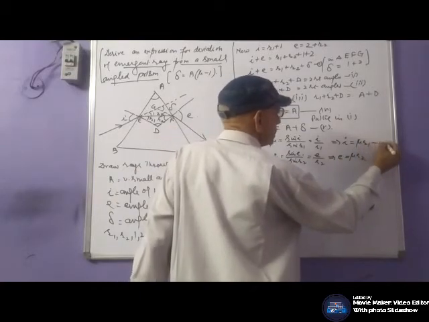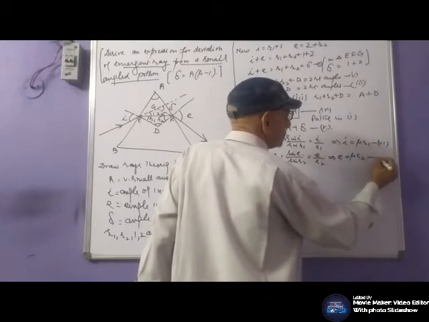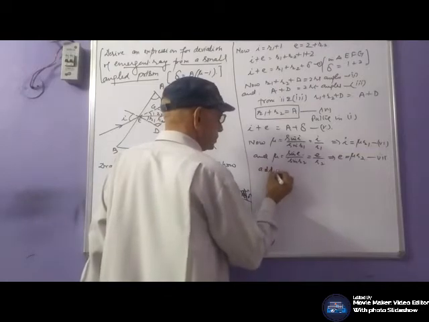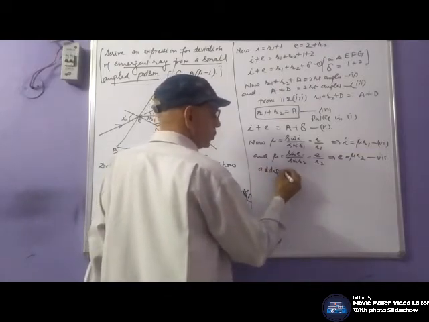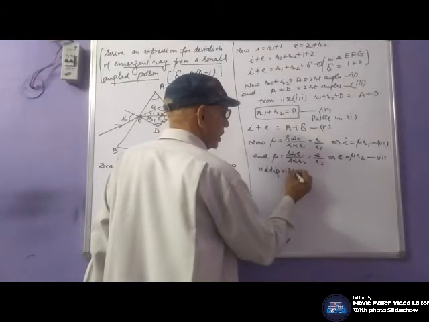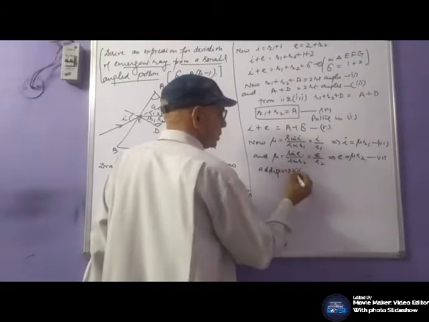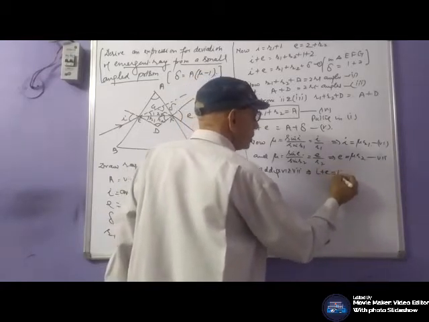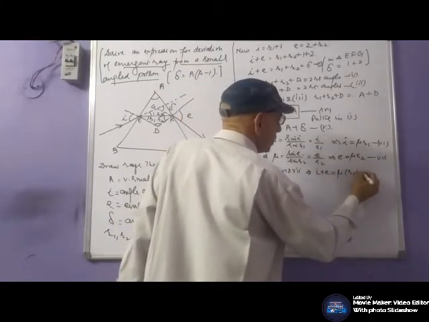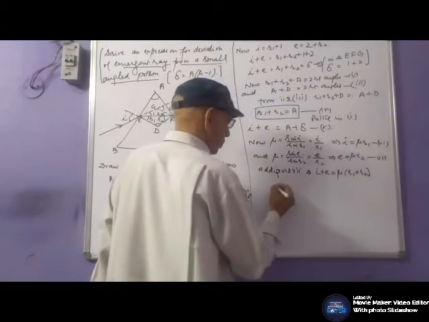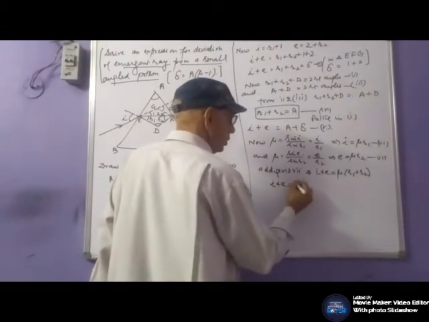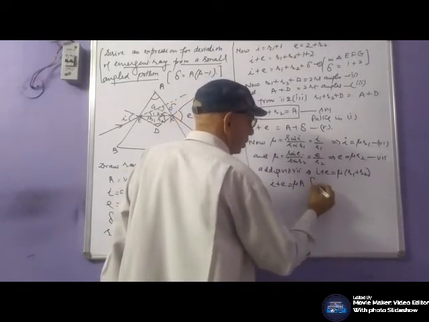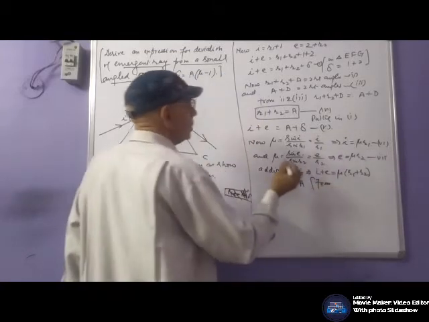This is 6th, 7th, adding 6th and 7th. I plus E is mu R1 plus R2, and I plus E is mu A from fourth.